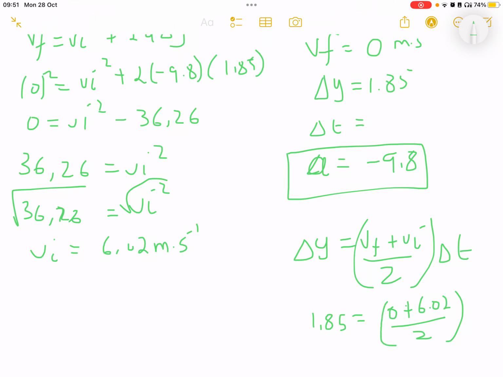And our delta t is what we're looking for. In your calculator, all of this can be calculated easily.